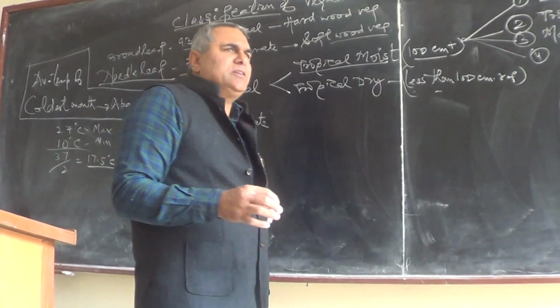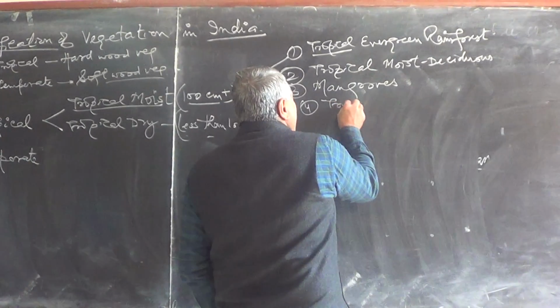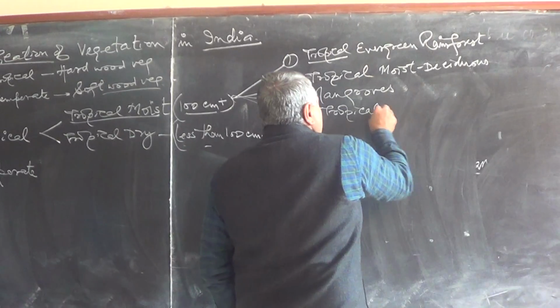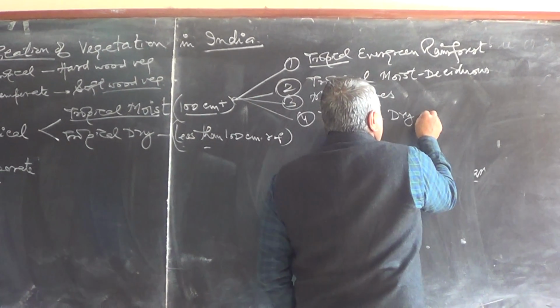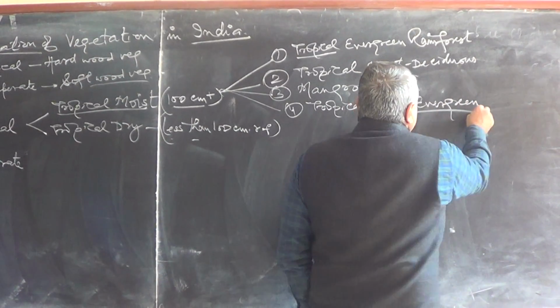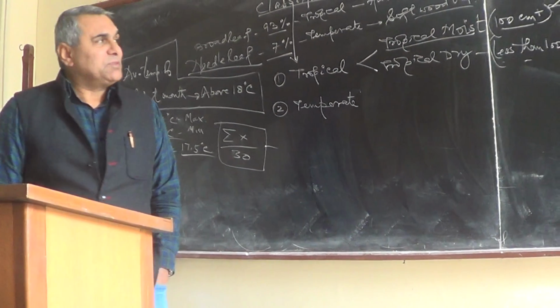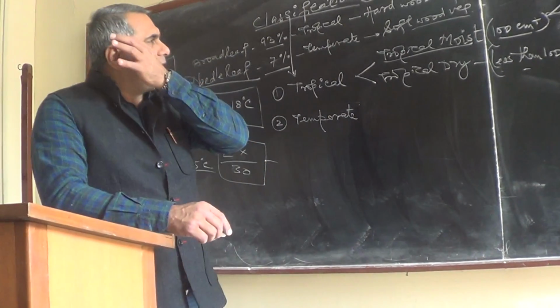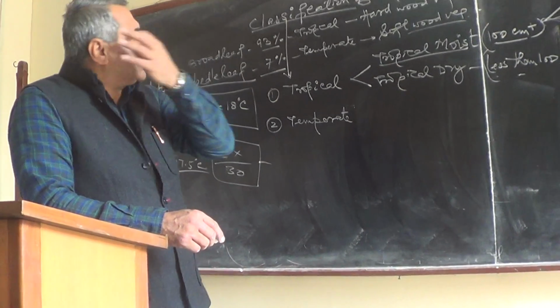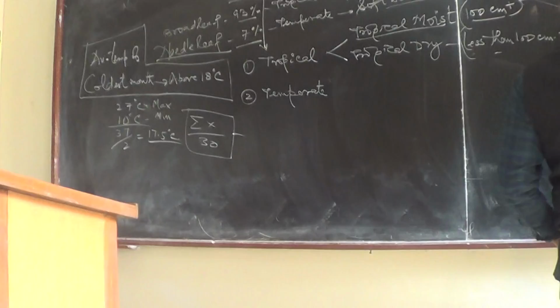Tropical moist, here we can put tropical dry evergreen. This is very confusing terminology. Dry and evergreen. Sometimes it happens. This happens in India. Now come over to the tropical evergreen rainforest. Let's discuss this one.